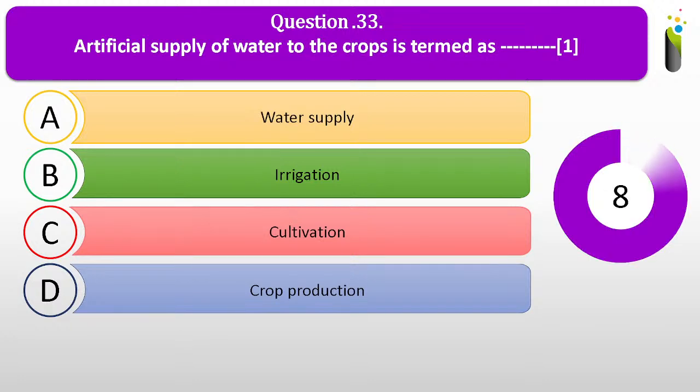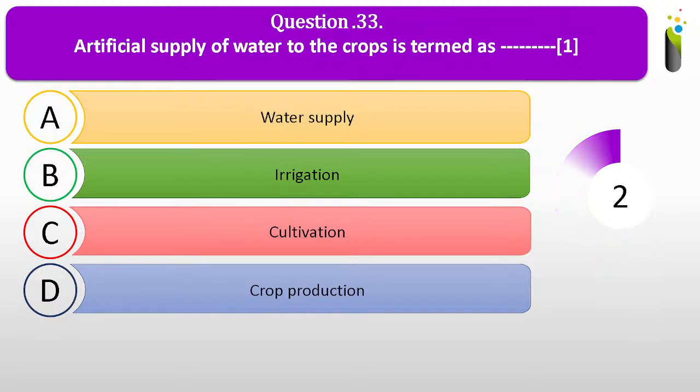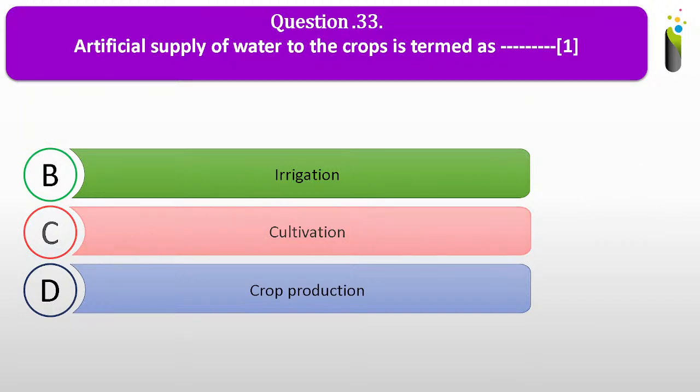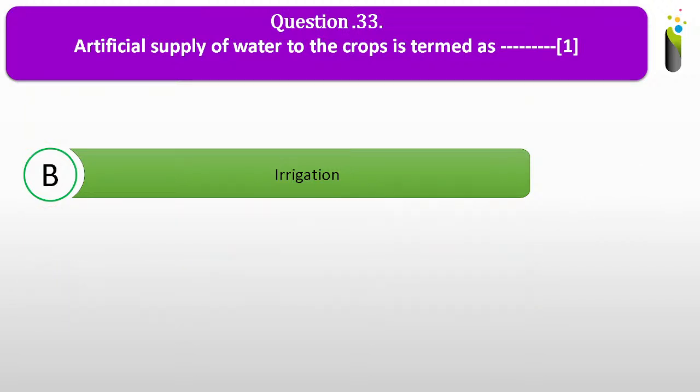So what should be the answer for question number 33? The correct answer obviously is irrigation. Artificial supply of water to the crops is termed as irrigation.